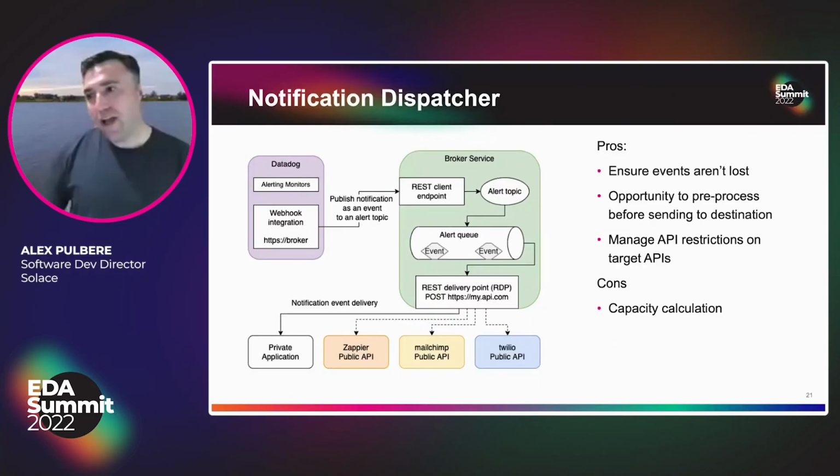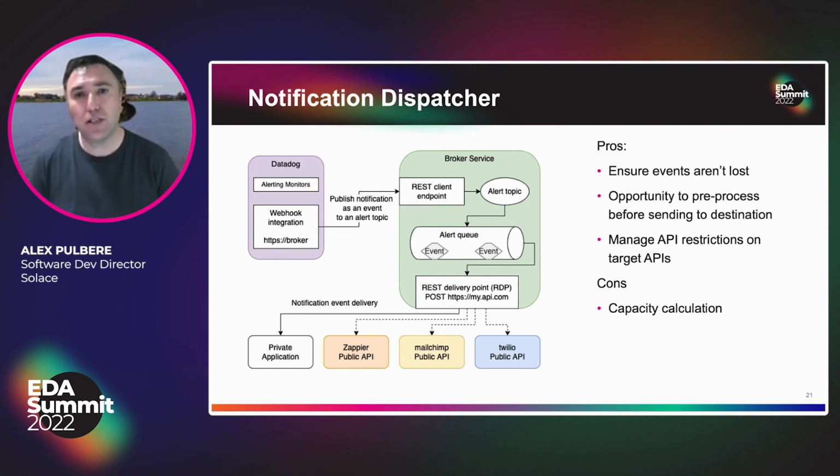Good question. You're right, most customers are probably going to prefer to have their application remain in their private domain, not accessible to the public internet. So the broker can act as a gateway to the public. They would only have to expose the REST client endpoint that is able to receive these public requests from webhook integrations.